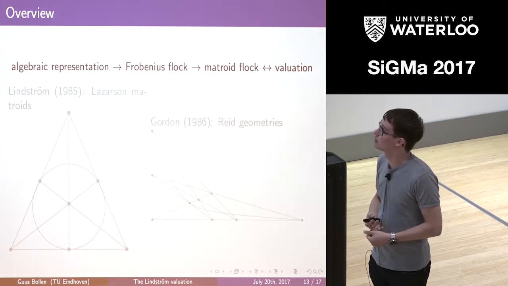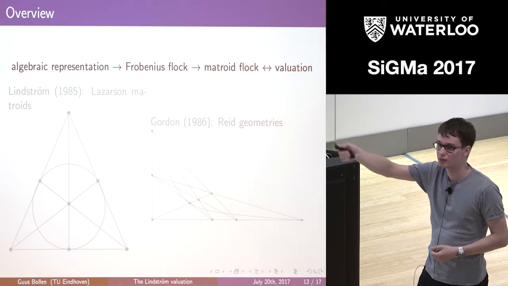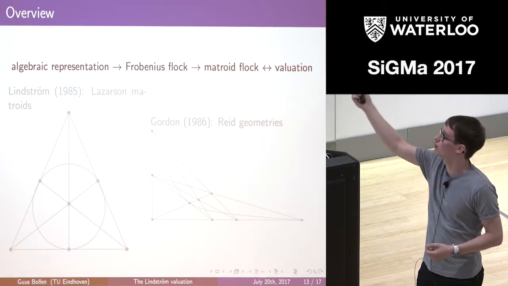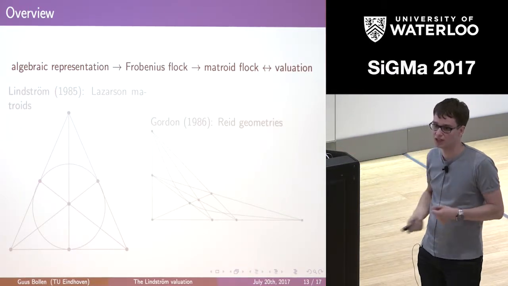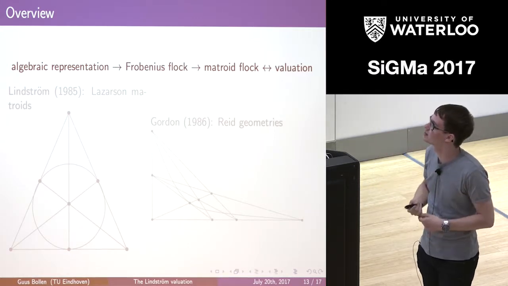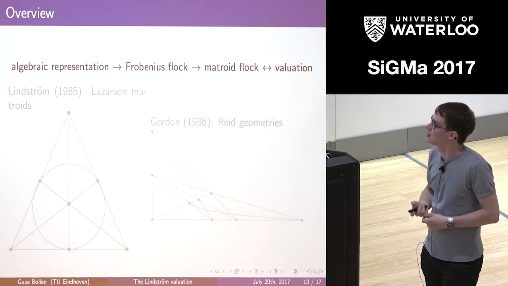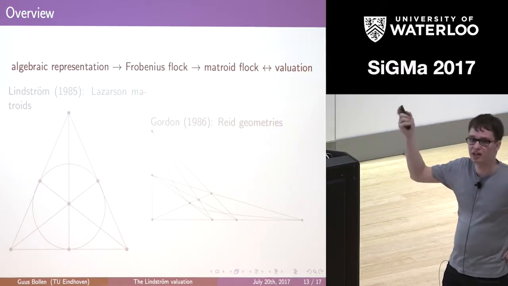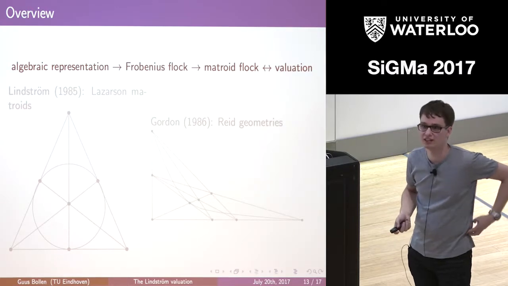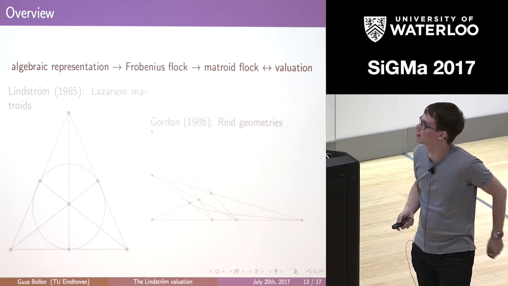So algebraic representations give rise to Frobenius flocks, which give rise to matroid flocks, which are in a one-to-one relation with integer valued valuations. And this scheme helps us to prove that matroids are sometimes not algebraic.